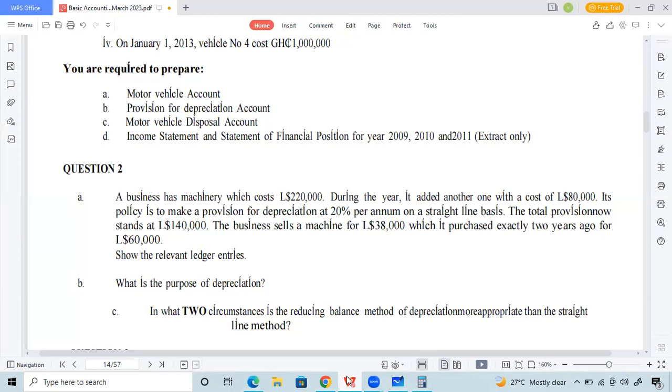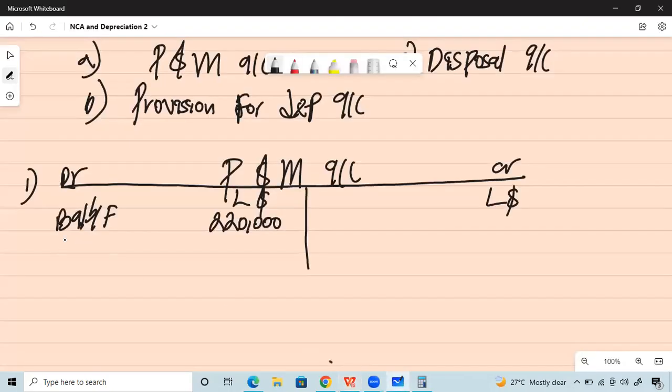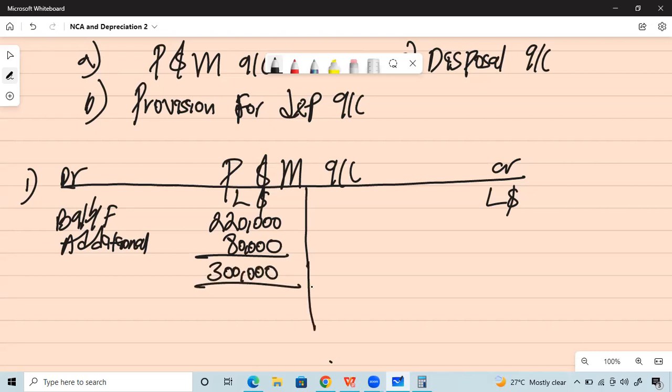During the year, it added another one, which is 80 addition. So if your asset account is increasing, what are you going to do? You debit. So this is making 300. This is 300,000.